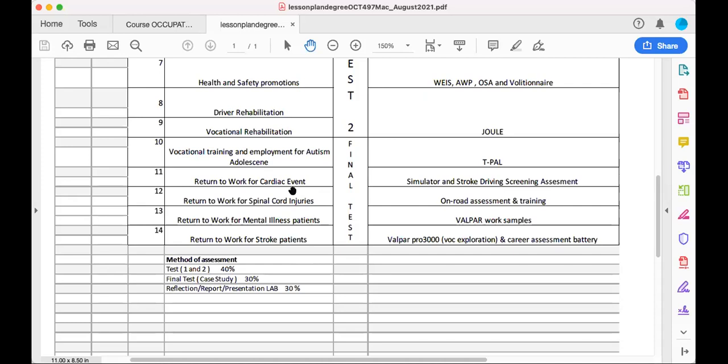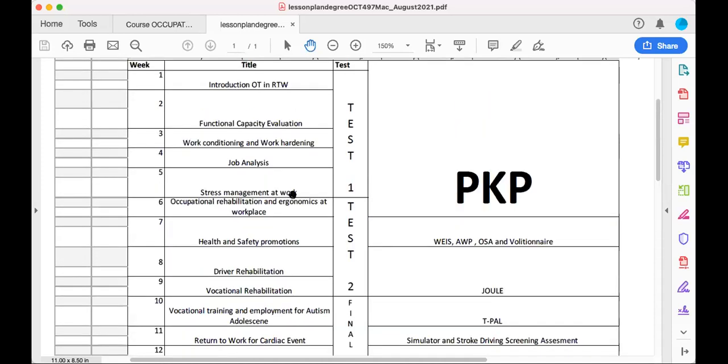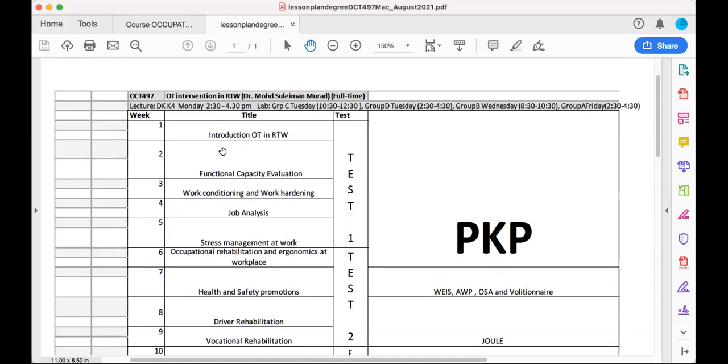So this is 14 weeks. Throughout the weeks, every Monday until the 14th week, I will cover topic by topic. And then there are a lot of articles. My style is that whenever there is a lecture, I will give you an article.